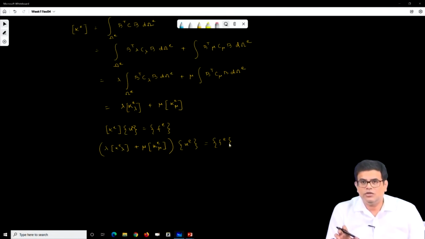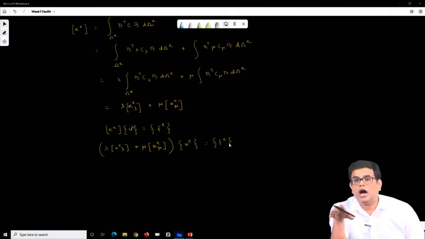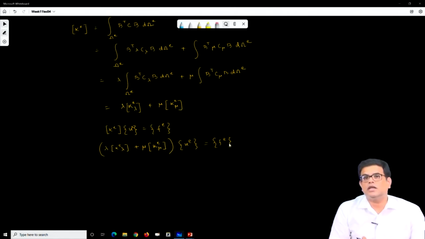For a single element, if I take lambda and mu constant over the domain, I can also split it like this.